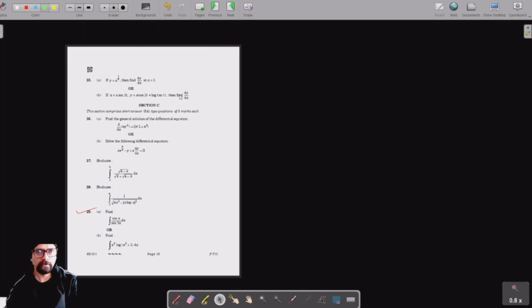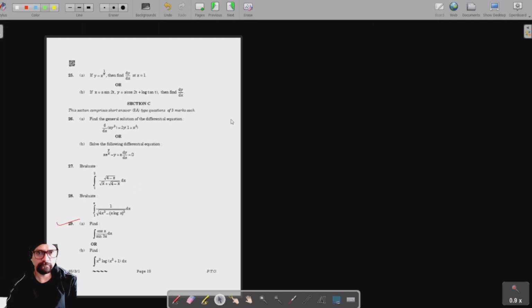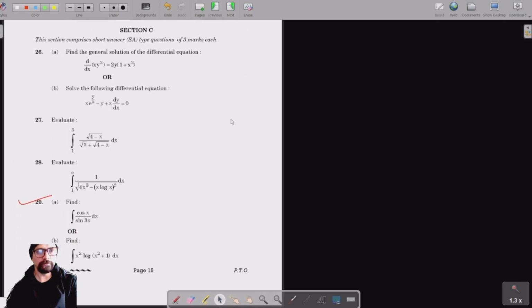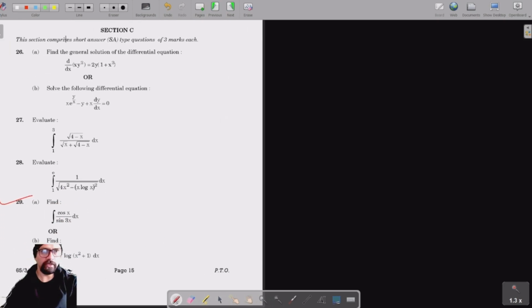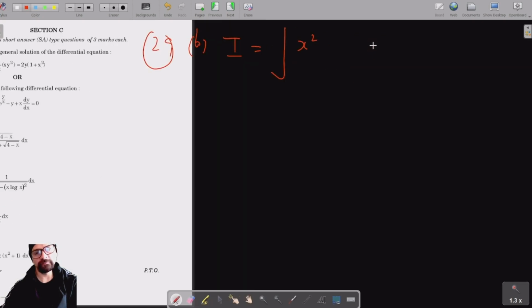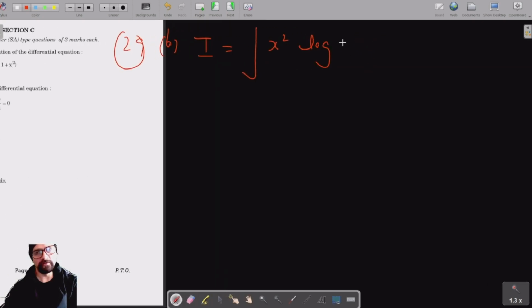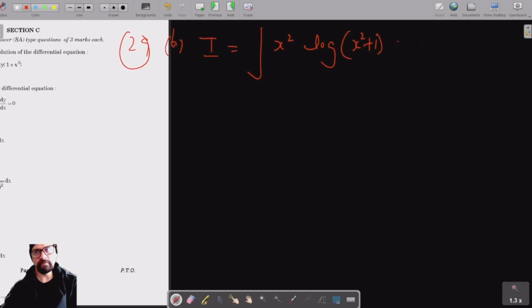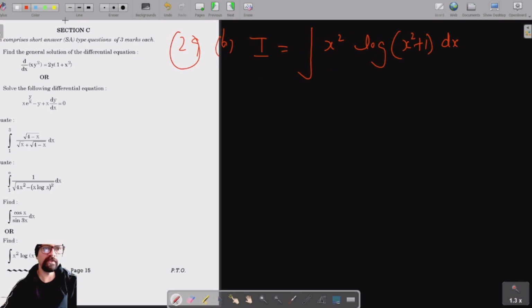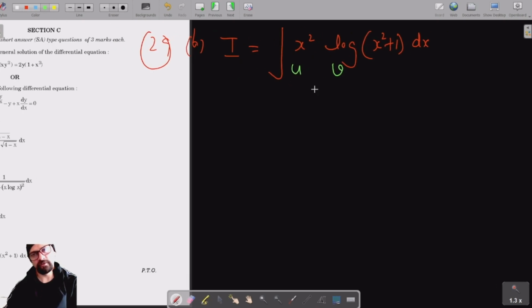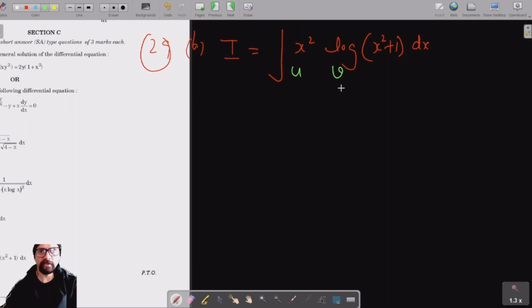Now, for question number 29, part B, our integral is, let's say, I is equal to x squared, so this is the product of two functions, log of x squared plus 1 into dx. This is u and this is v, and we are going to use integration by parts.